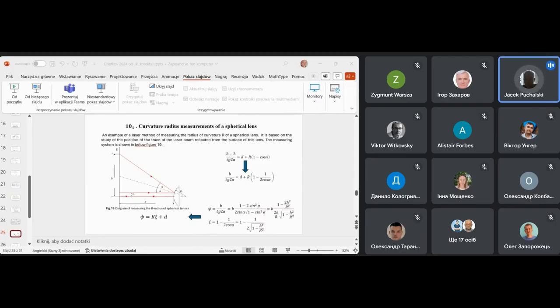It's possible to measure with a spherometer or interference method with Newtonian rings for small curvatures, but in the case when we have liquid lenses, it's necessary to measure the radius of curvature using a non-contact method. The laser method is the best one, and we reflected the laser beam, the trace on the screen, and we have the nonlinear, of course, equation.